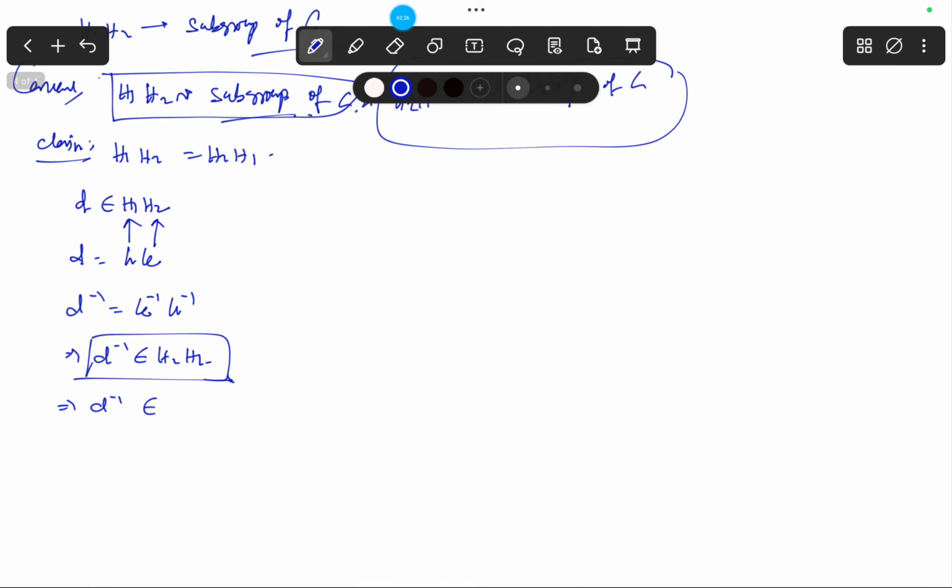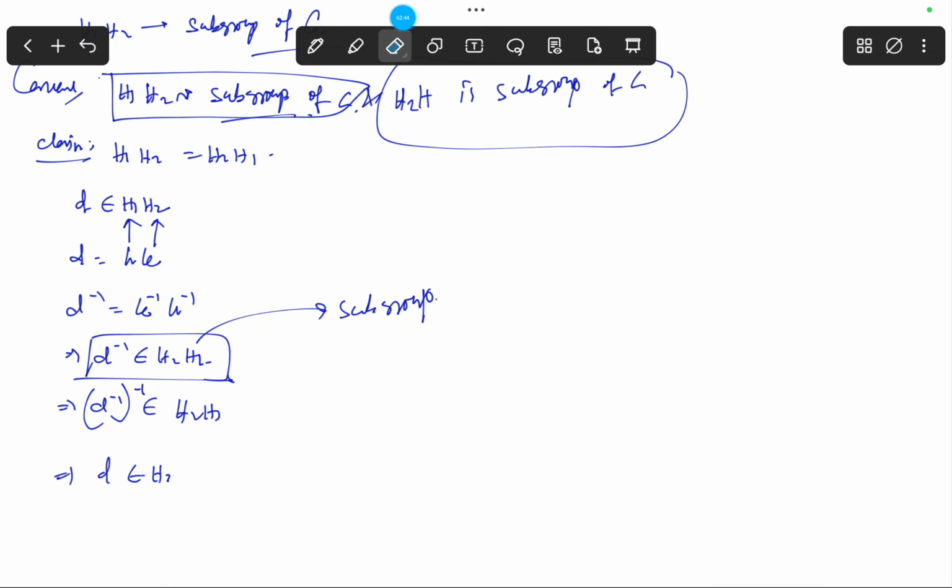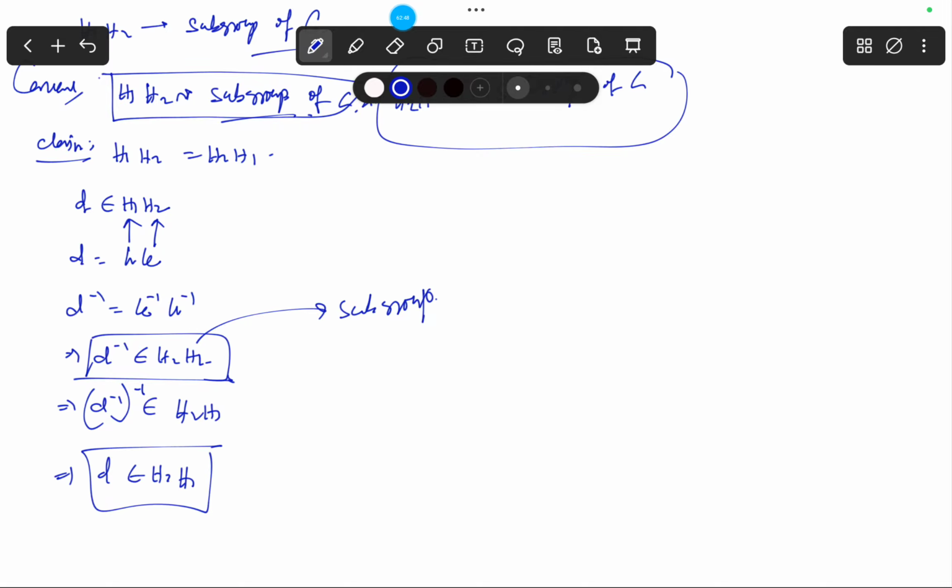Now, since I think, yeah, now we are through. So if we have D inverse in H2 times H1, now H2 times H1 is a subgroup, right? That means D inverse whole inverse has to be there in H2 times H1, which means D is in H2 times H1. Alright.